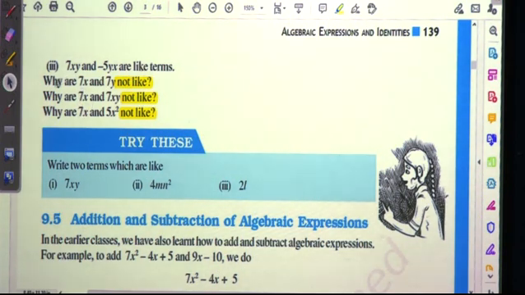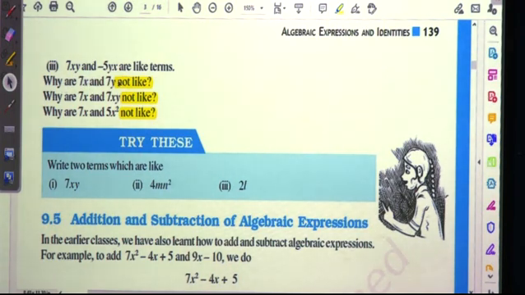Second important thing: why are 7x and 7y not like? 7 is the same, but we are not considering the coefficient, we are considering the variable. Algebra is the study of variables. With the help of the variables, we are doing the calculations. It has been explained to you in your previous classes.